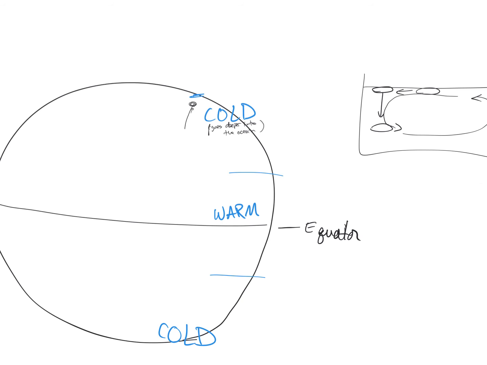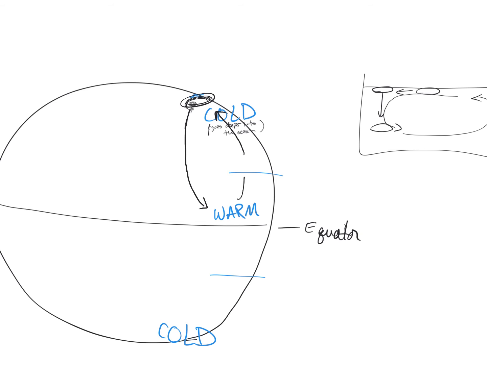Okay, so the water at the surface near the poles gets cold. It sinks down. That means the water on the surface but closer to the poles gets pulled toward the poles. And then it gets cold, and then it sinks. Meanwhile, this water that's at the bottom has nowhere else to go but down back toward the tropics, where eventually it gets pulled back up and it gets warmed.